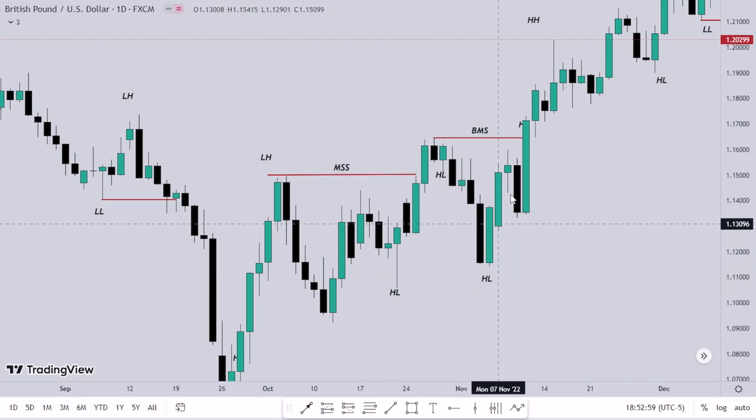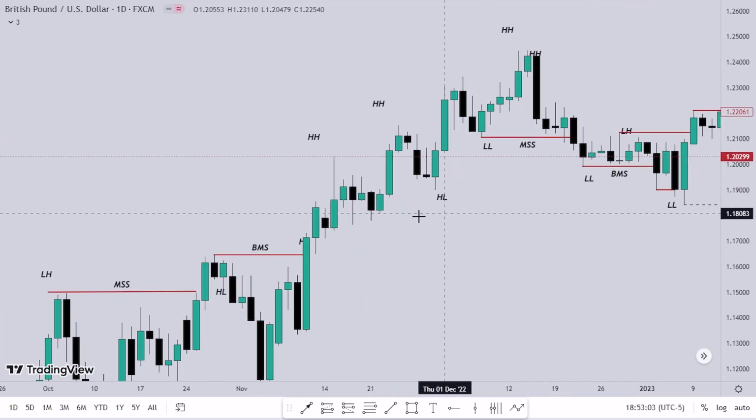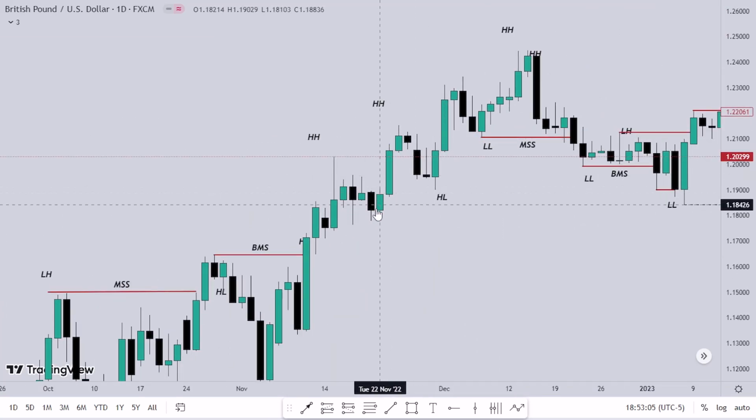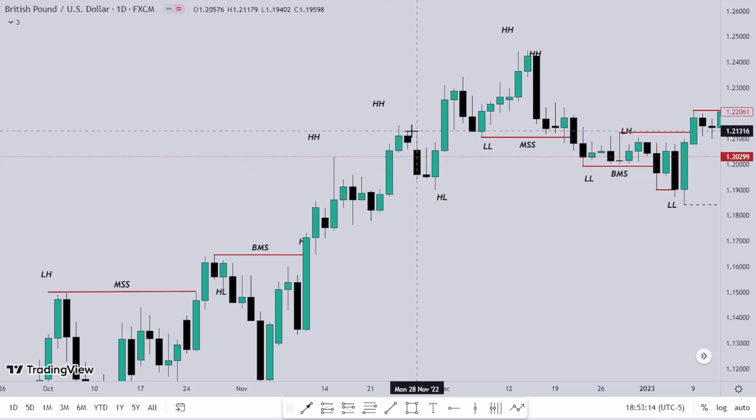You're also going to see small structures within this. This move going up on the daily is just one straight move, but on a lower time frame, you're going to see small moves, higher lows, higher highs within it. This move coming down, the same thing. We are going to discuss that in the advanced market structure, and that will be lesson 2.